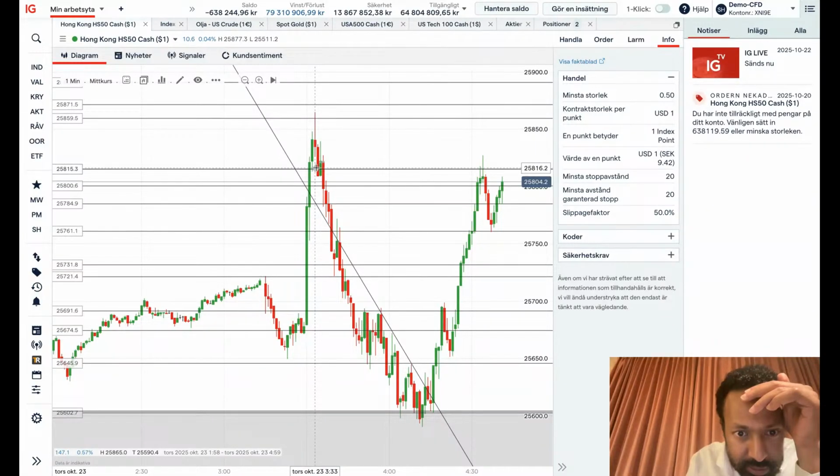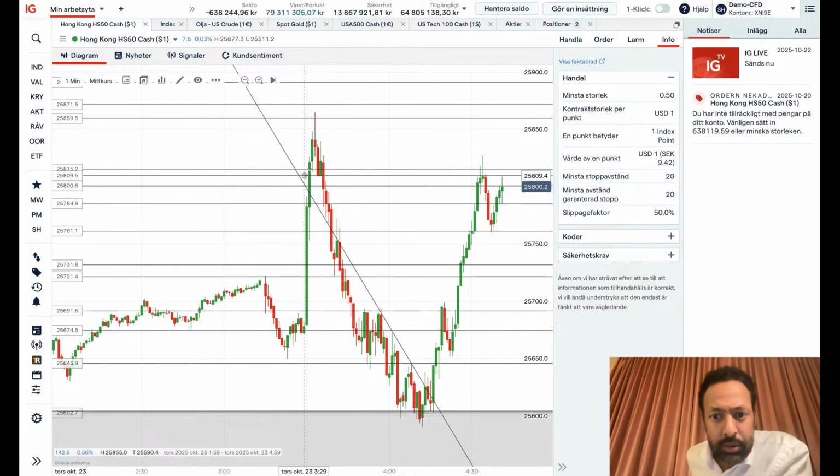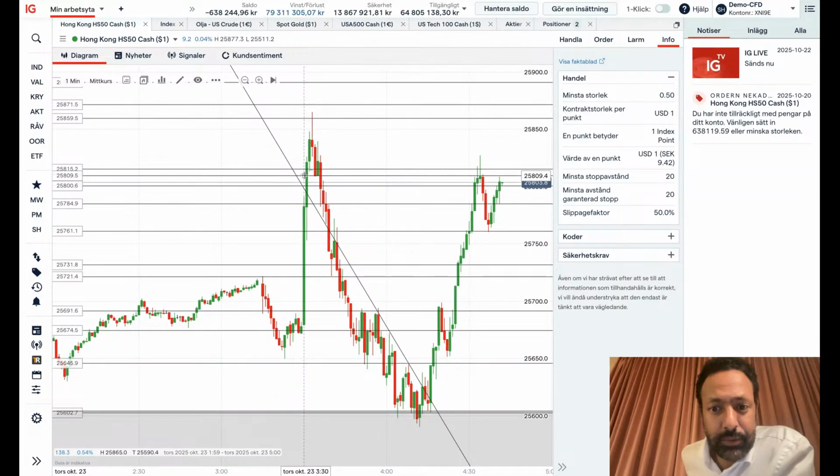Not there. Now we push to that line. Yeah. Let's see what's going on. So a lot of upside left in this one, if it pushes above.